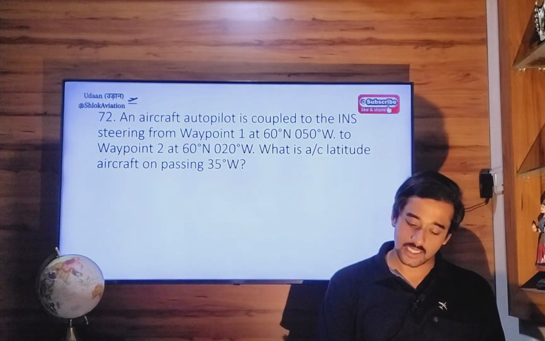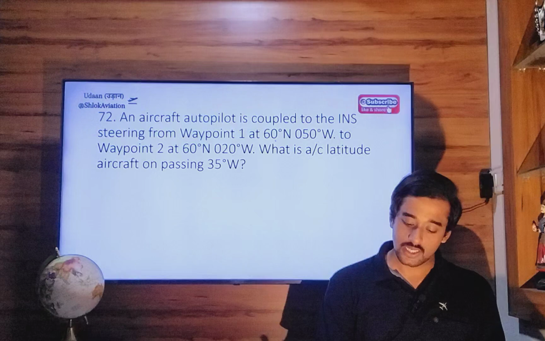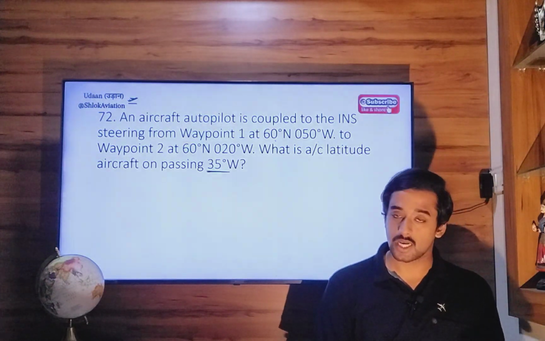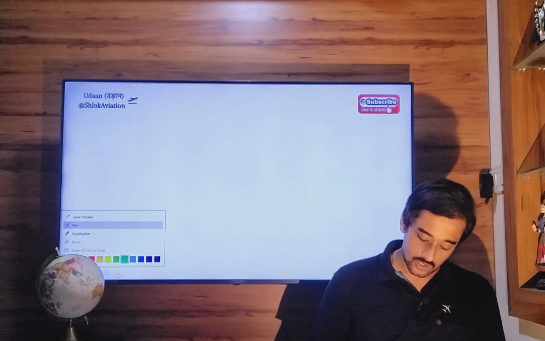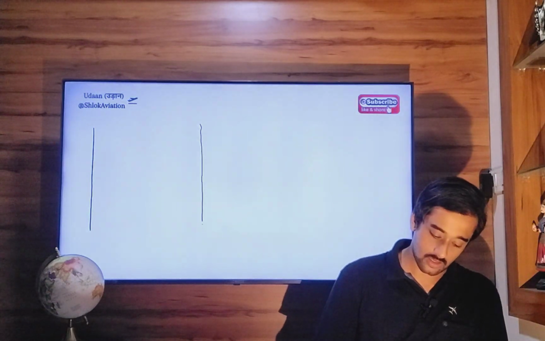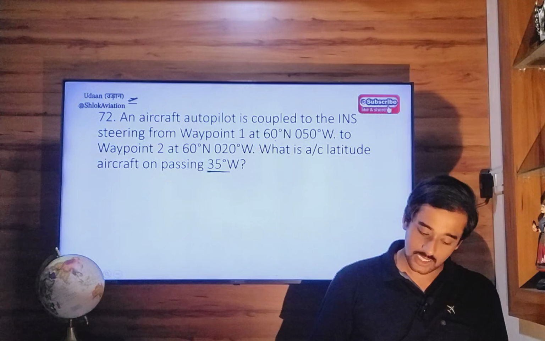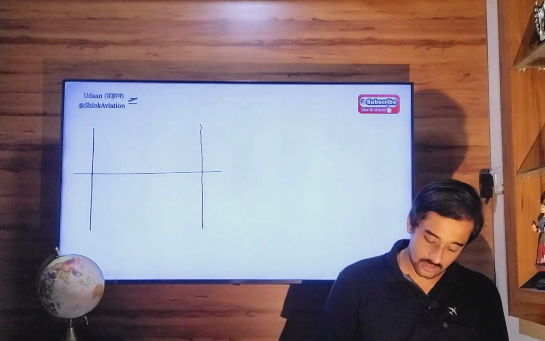Question 72. Waypoint 1 is 60 north 50 west. Waypoint 2 is 60 north 20 west. What is the aircraft latitude after passing 35° west? So draw this. So A, 60 north 50 west.